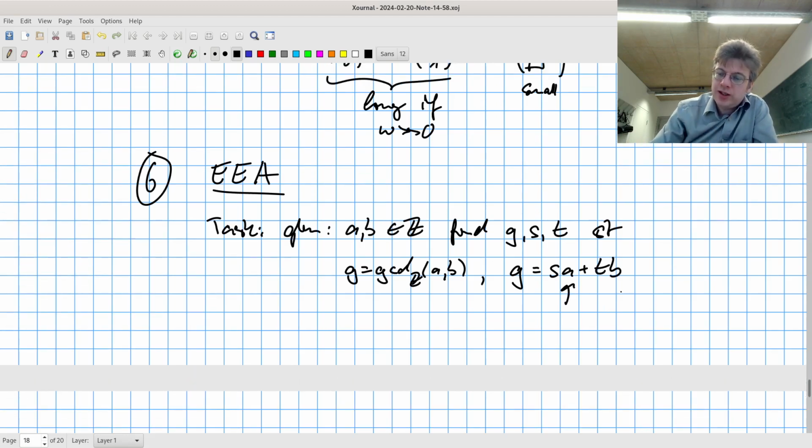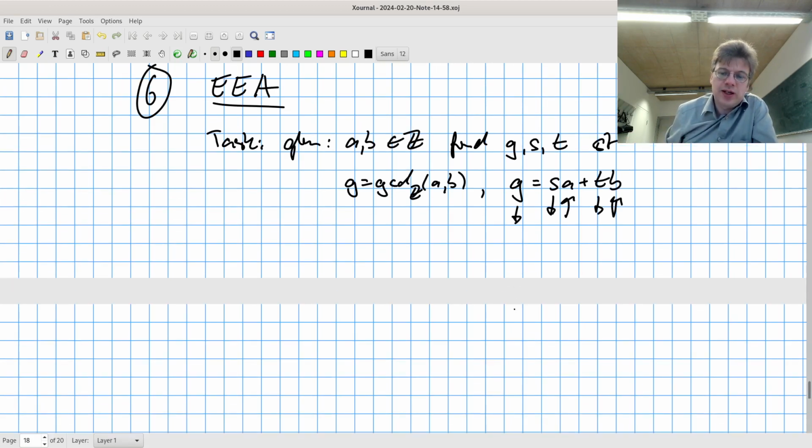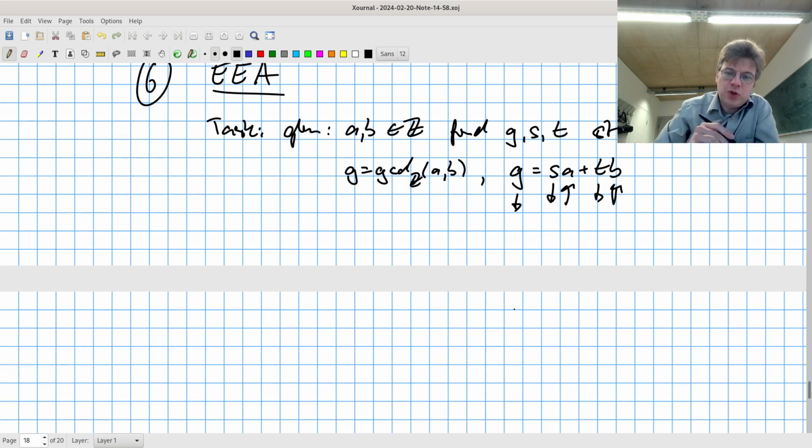So a and b are given, and s, t, and g are what we want. How would we do this with LLL? It's always the same. You come up with a lattice where what you know is large and what you want to know is small.